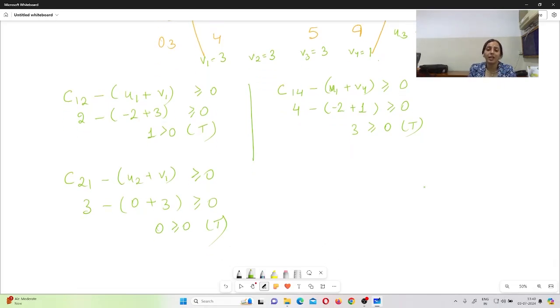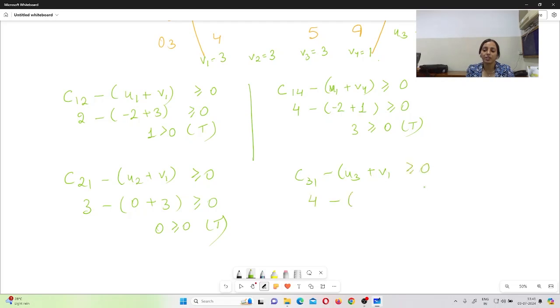Now we're coming up to the next row, that is the third row. And in the third row, we have three unallocated cells. So the first one is C31. C31, that is the 4 which is given now, right? Minus U3 plus V1 should be greater than equal to 0. Putting the value in this, 4 minus U3, that is minus 1, plus V3, that is 3.